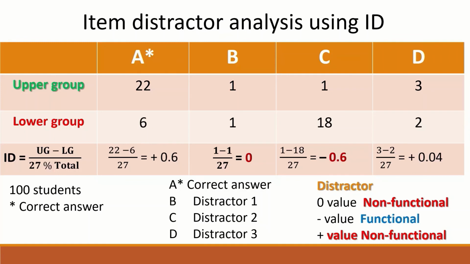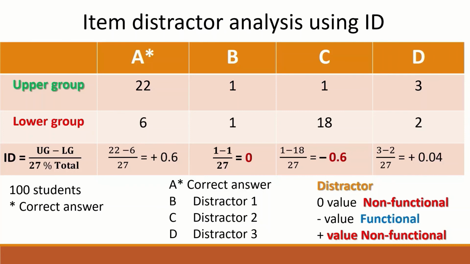For distractors B, C and D, as we see here, the ID value is equal to 0 for distractor B, which means that both the high-performing and low-performing students selected this distractor in equal proportion. Thus it is ineffective, non-functional.